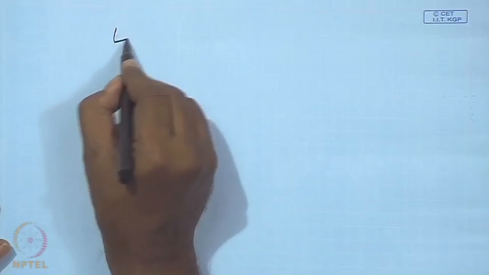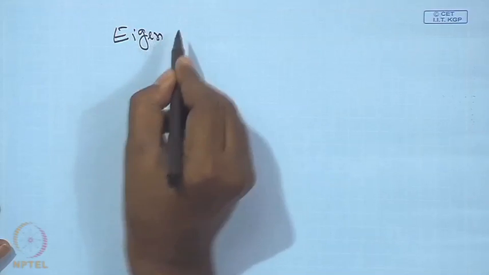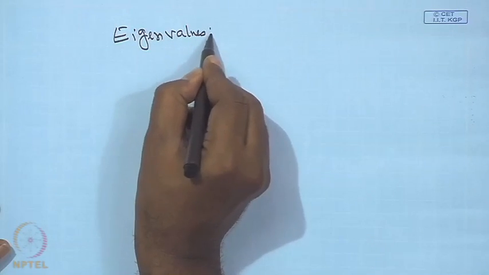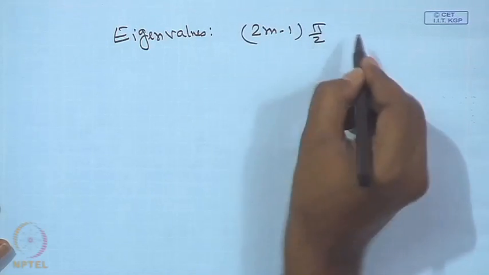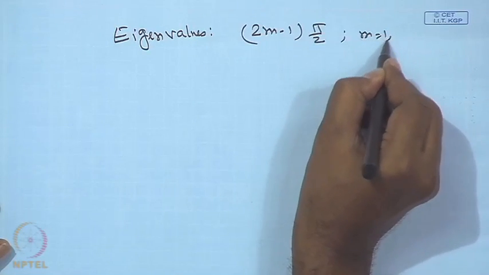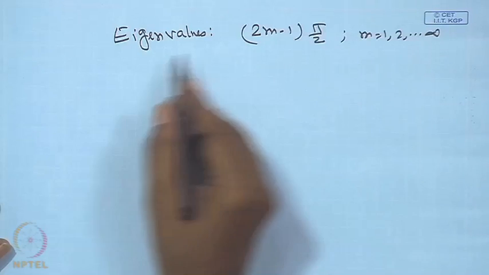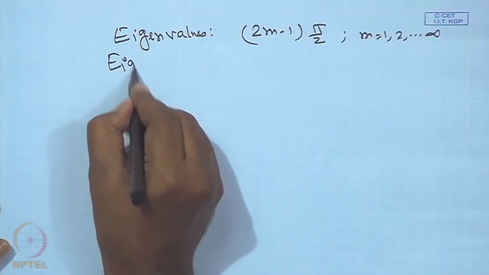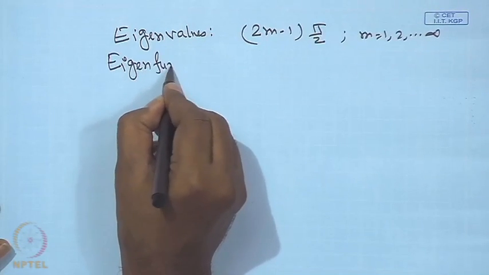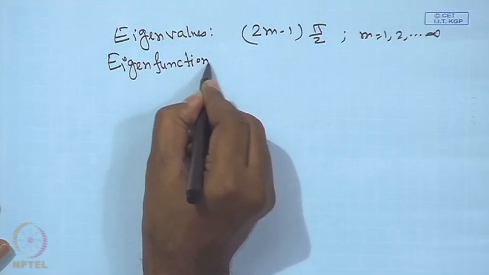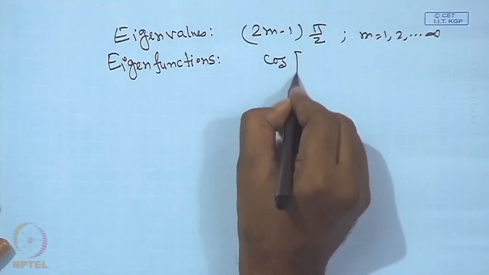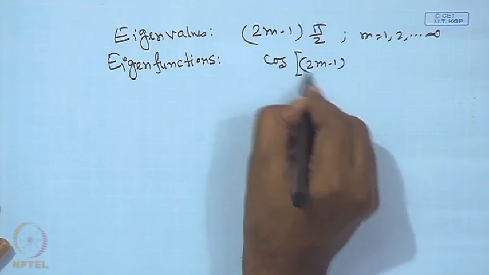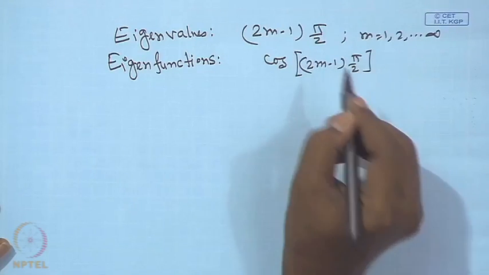Therefore, the eigenvalues will be (2m minus 1) pi by 2, where the index m runs from 1, 2, 3 up to infinity, and the eigenfunctions are cosine functions, cosine of (2m minus 1) pi by 2.